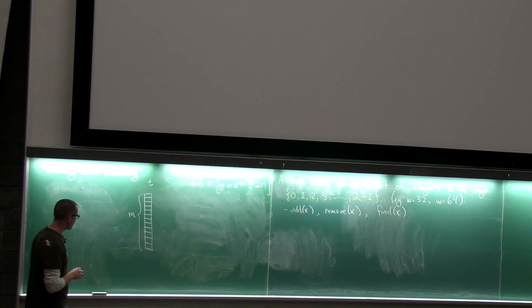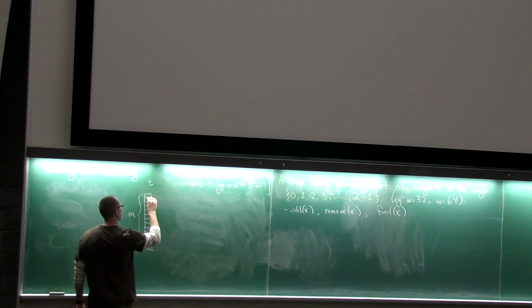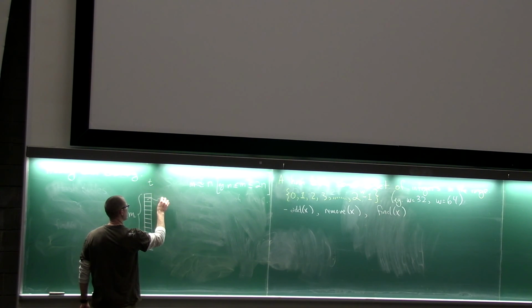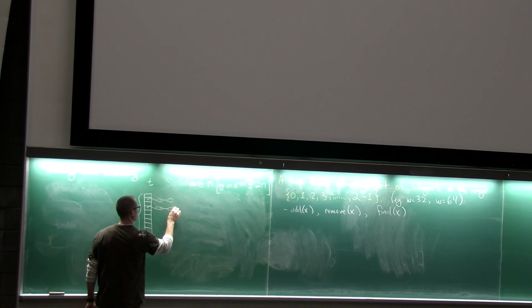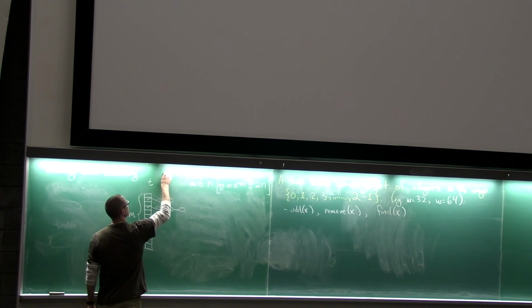Okay. So we want to put data into this array, and the way we store it is in lists. Each element of this array stores a list. These are the so-called chains.